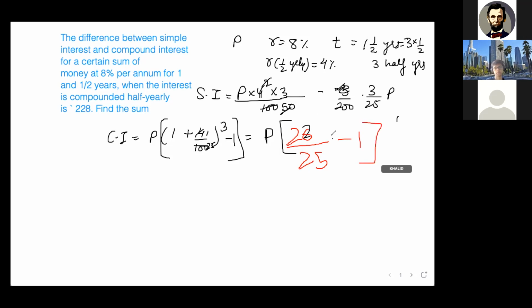now what I'll do is show it on the whiteboard. So what is it? 26 minus 25. So it is actually 1 by 25, the whole cube. This is the cube. So in the next step we have the difference.